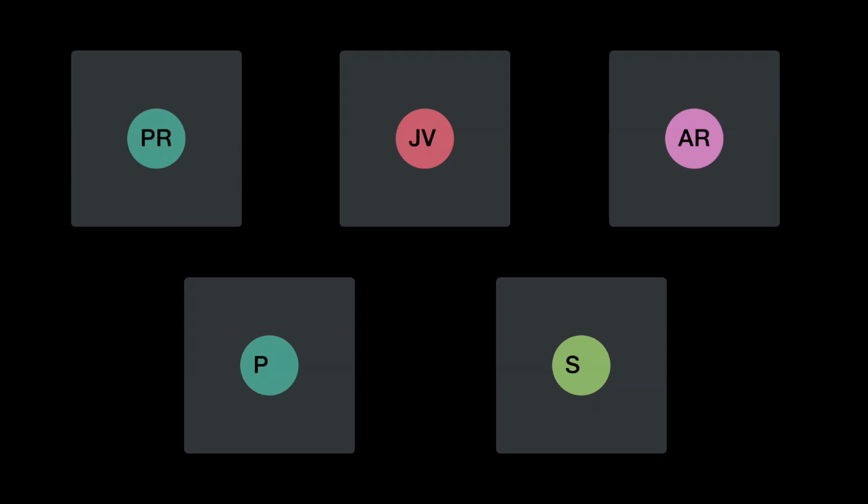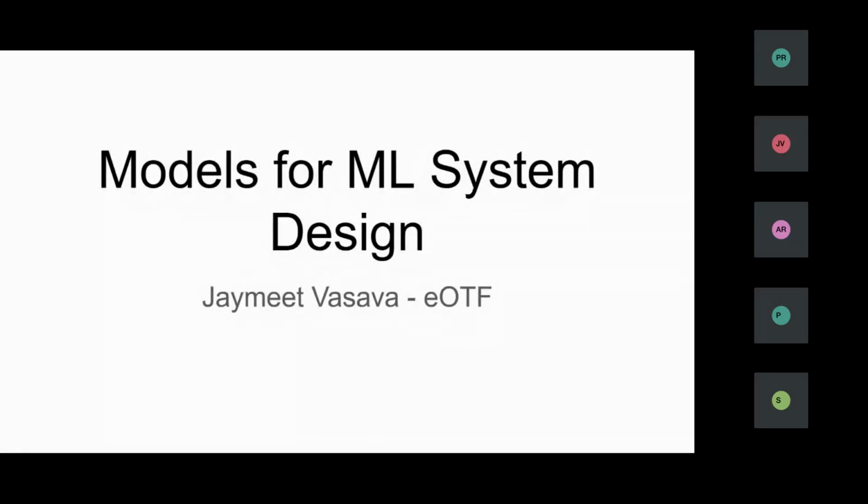This is our fourth session. We had three sessions. In the first session, Jaymeet covered the fundamentals of AIML, that is artificial intelligence and machine learning, with the block diagram and all.